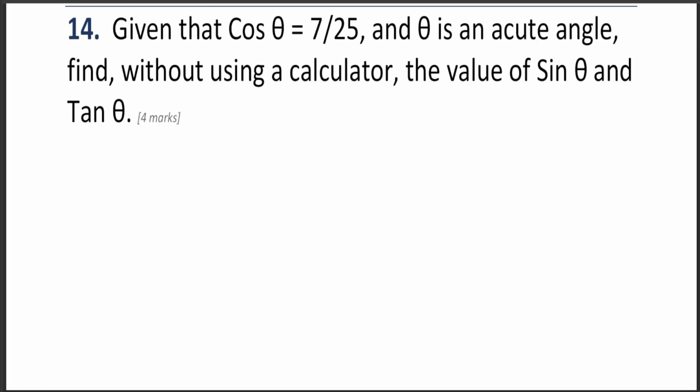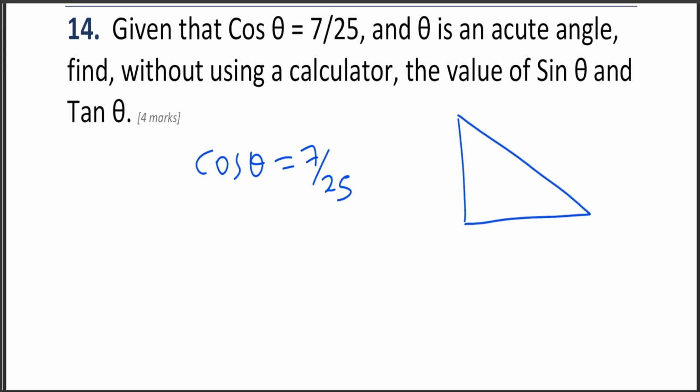Now this is another interesting question. Given that cos theta is equal to 7 over 25, and theta is an acute angle, find without using a calculator the value of sin theta and tan theta. For this type of question, we do a drawing and put theta here.